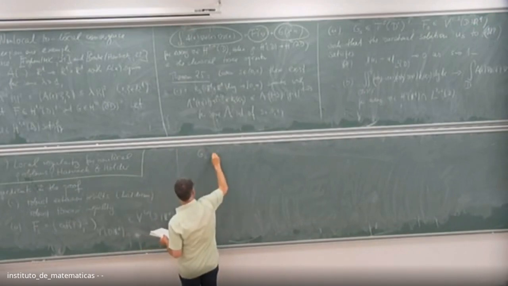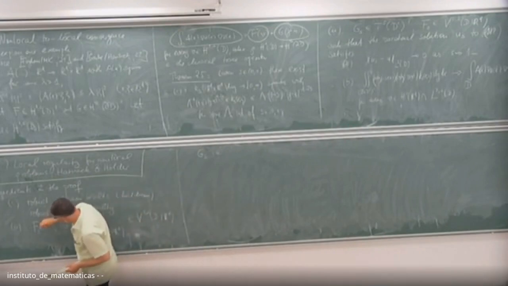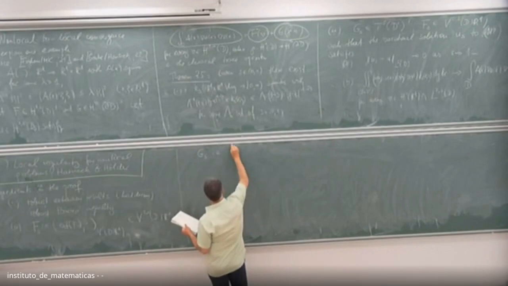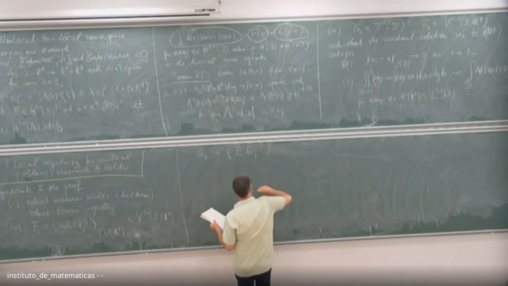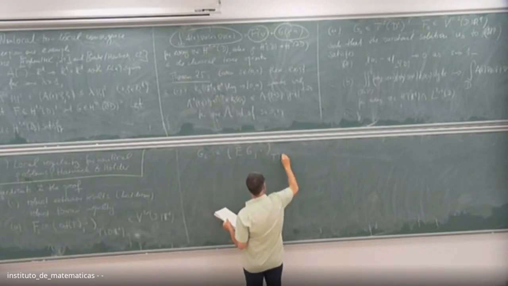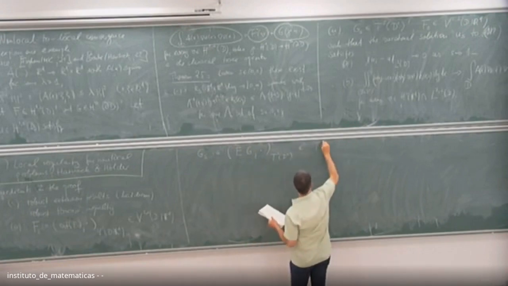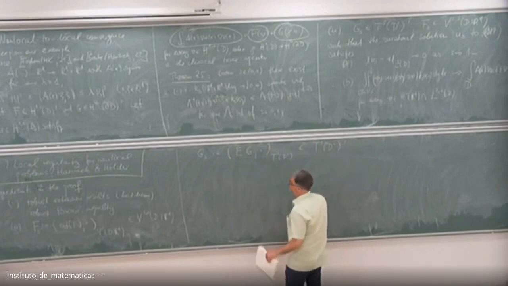And analogously, maybe we should really write this here. We define E of G, which will then be an object in the pool of the trace space.